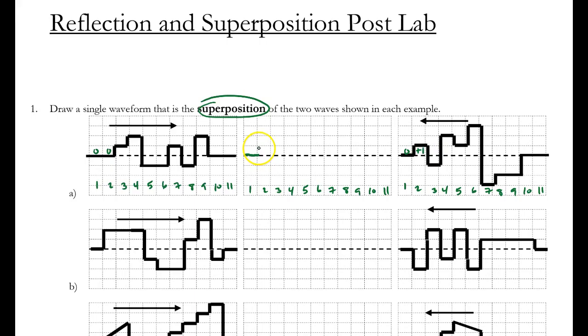So 0 plus 1 is going to be +1 when they combine. And you just do that until you're done with the whole wave. So this is +1 on 3, -1 on the other third column. And that makes 0. So you go back down to 0, which is on the dotted line.